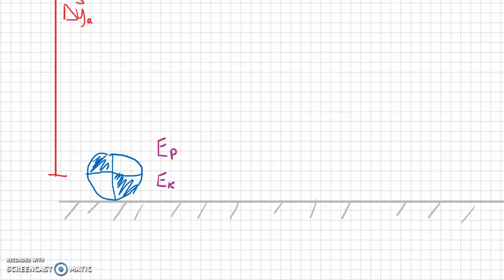When I talk about energy, I ask myself 2 questions. My first question is, what is the object doing, and does it have a height? By what is it doing, I mean, is it moving? So here at the ground, the kinetic energy is found by 1/2 mv squared. Now, it is going to be 0, because my backpack starts at rest.